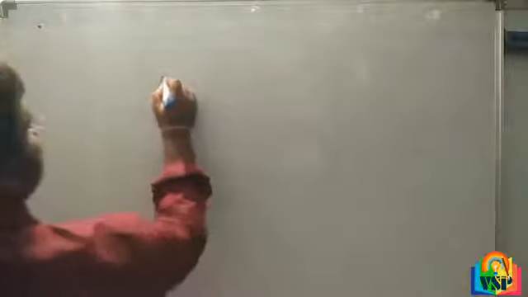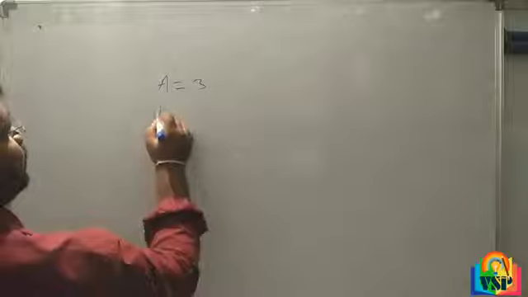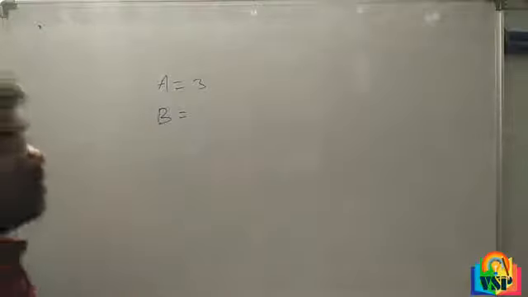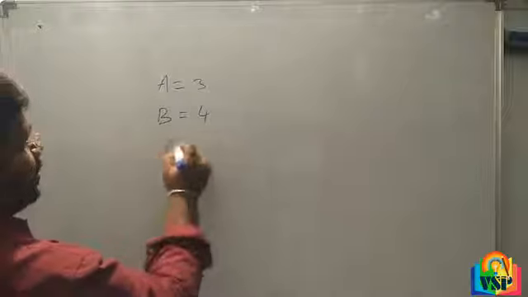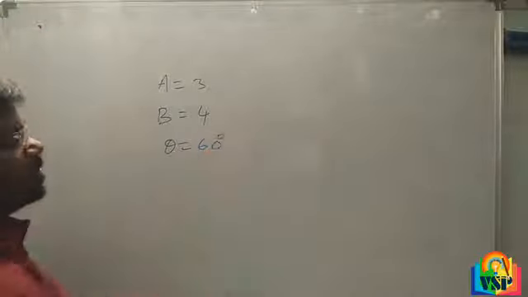In this problem they give two vectors, their magnitudes A is equal to 3, B is equal to 4, and the given angle theta is equal to 60 degrees.